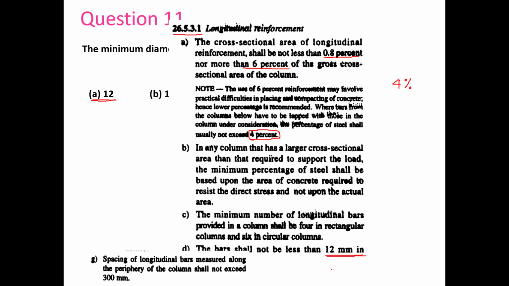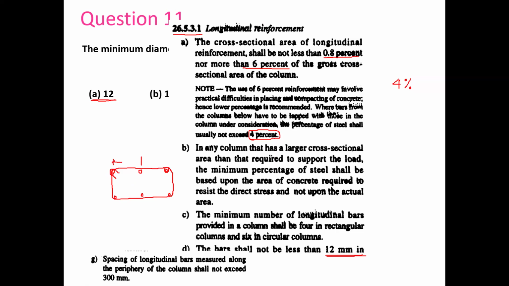And here they have mentioned spacing of longitudinal bars measured along the periphery of the column. Students may not understand what spacing is. These are the column bars, and spacing means this distance.